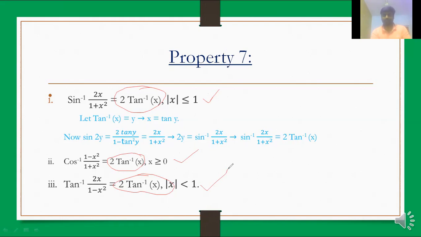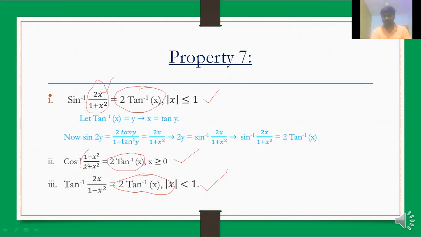Simple. Tell me, what is the formula of sine 2x in tan? 2 tan x by 1 plus tan square x. See here, 2 tan x by 1 plus tan square x. Means in place of x, if you put tan theta, we'll get this. Now tell me, what is the formula of cos 2x in tan? 1 minus tan square theta by 1 plus tan square theta.